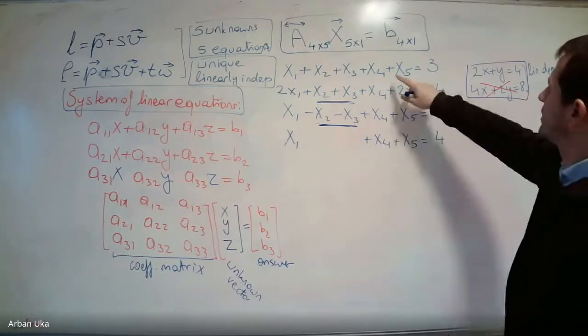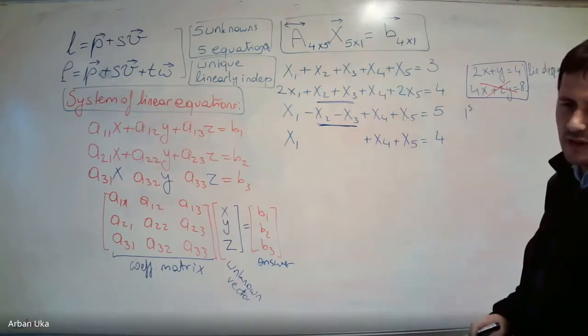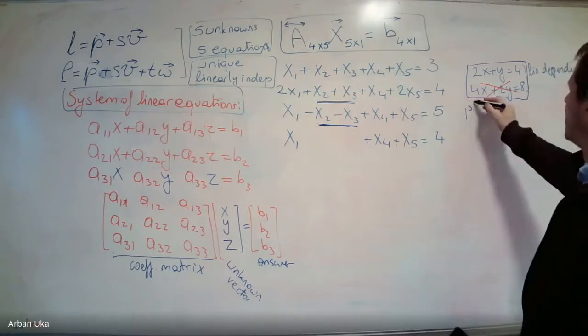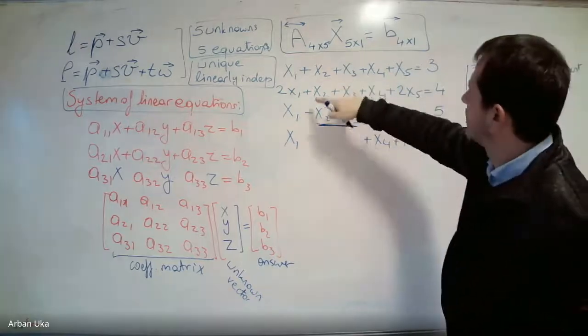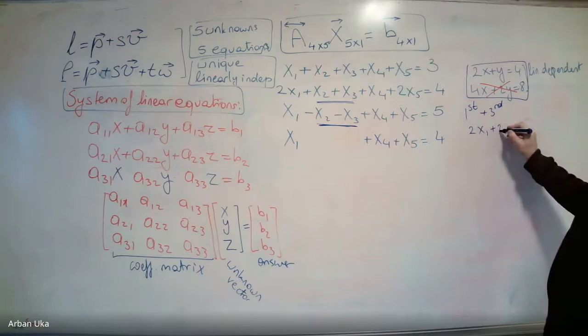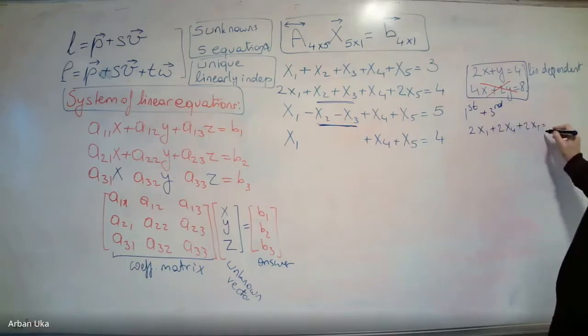Before solving it, if you spend 1 minute just looking roughly: first plus third, what do we get? We get 2x1 plus 2x4 plus 2x5. This is equal to what?